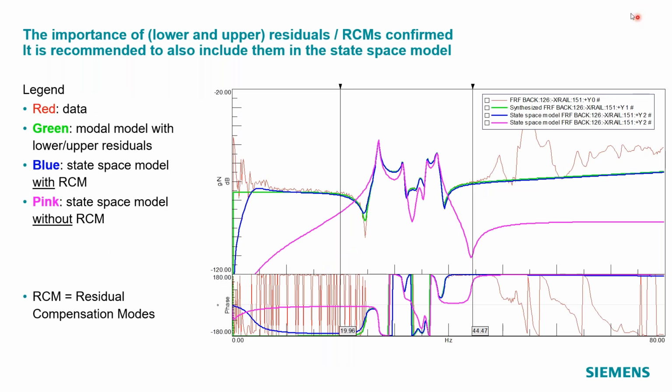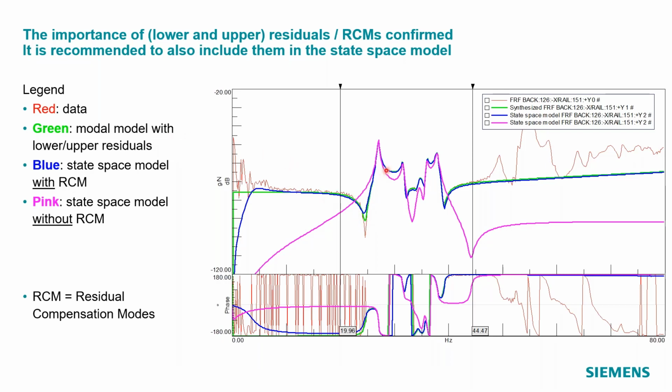Here you see a bit the illustration of this state space modeling concept and the replacement of the lower and upper residual by what we call residual compensation modes. So let me go through this graph. So the red curve is a measured FRF, as you can see. The green one is what we would do in a traditional way with modal analysis.